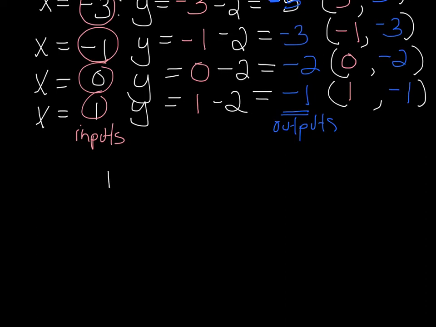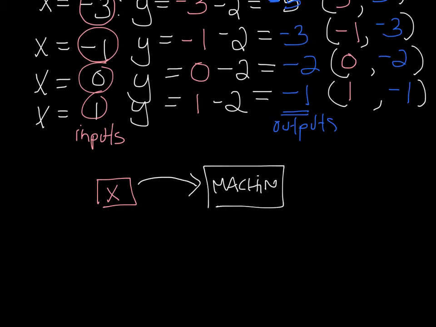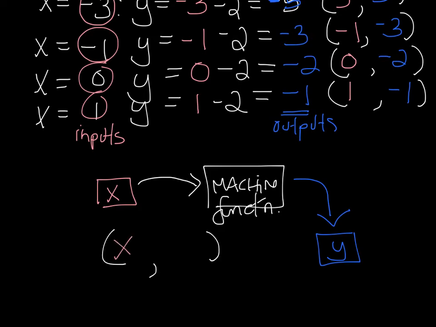You have the x values, and you're inputting the x into some machine, which will be called a function in a bit. And there's an output. What comes out? What comes out is the y. So that is what you're basically doing. You're inputting an x and you're generating a y.